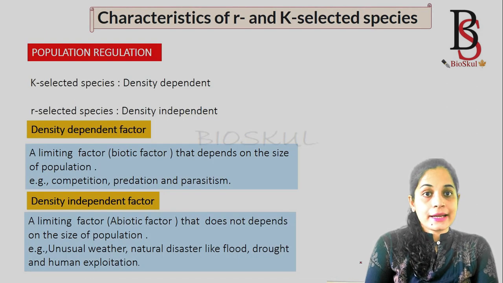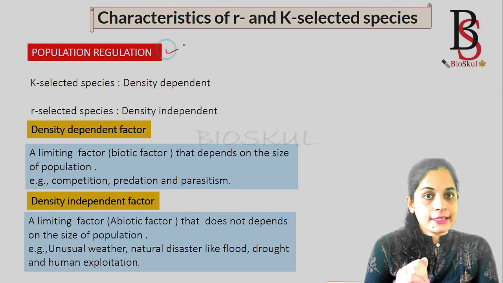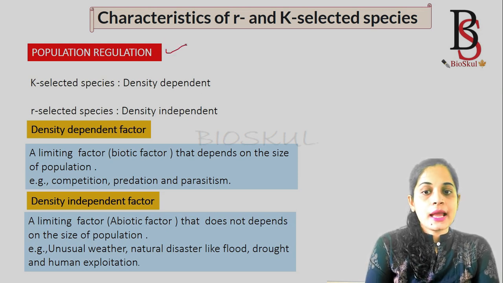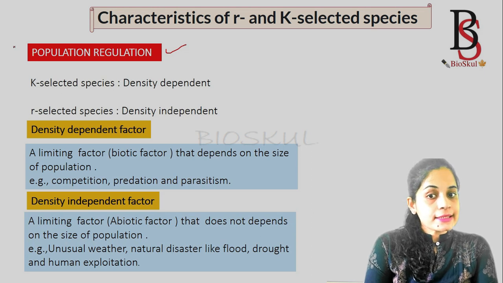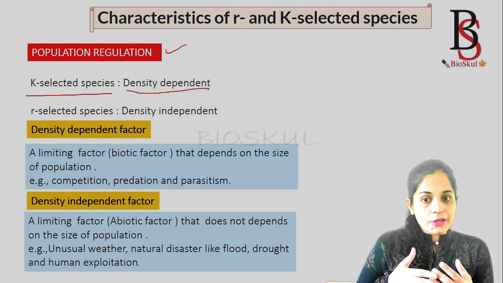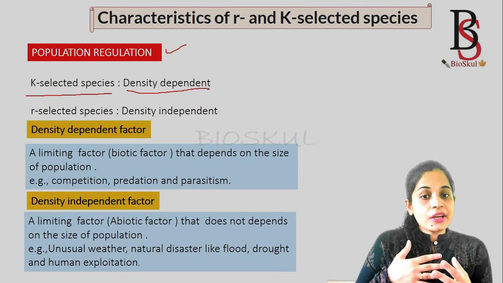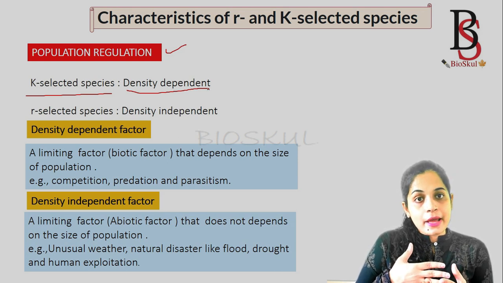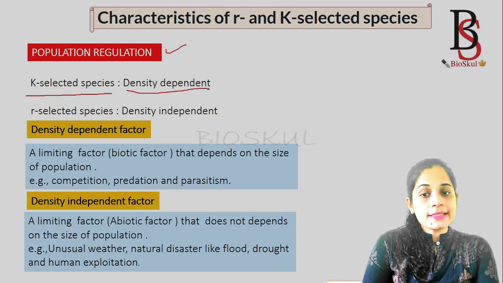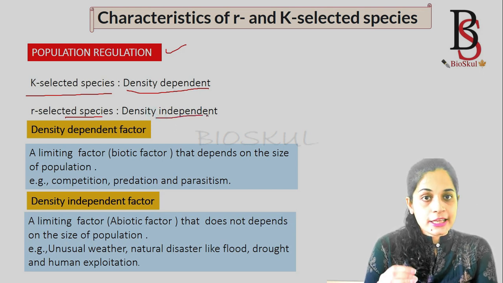The next characteristic is population regulation of R and K selected species. This is very important. Mostly the K selected species are density dependent. The population of K selected species is regulated in a density dependent manner. Whereas in R selected species, the population regulation is independent of population density.